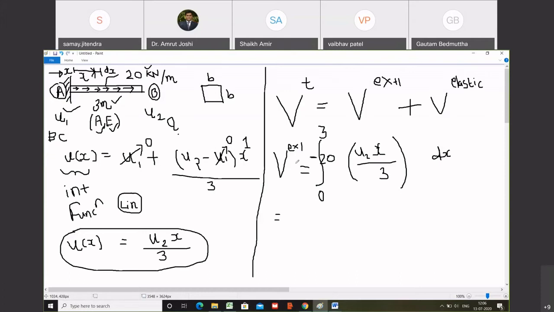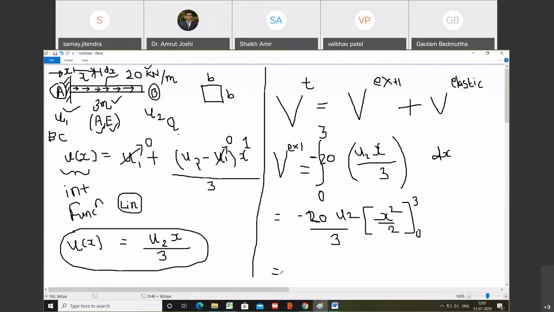So what is V external? U2 is constant. Do you agree with me? U2 is not a function of x; u is a function of x. So can I take 20 into U2 by 3 outside the integral sign? Yes. So it becomes minus 20 into U2 by 3 into x square by 2 within limits 0 to 3.